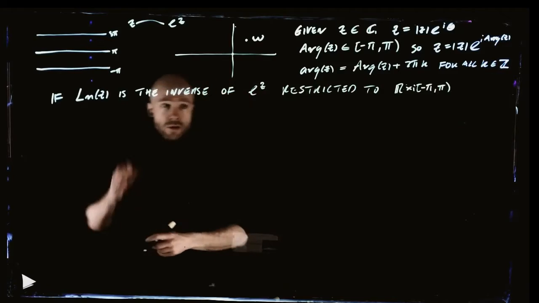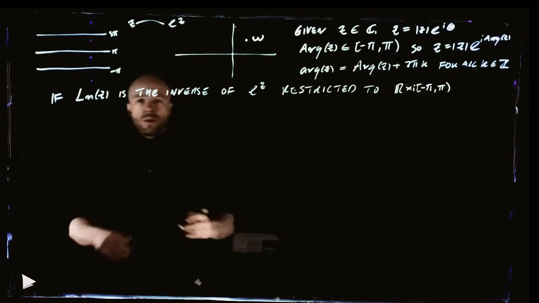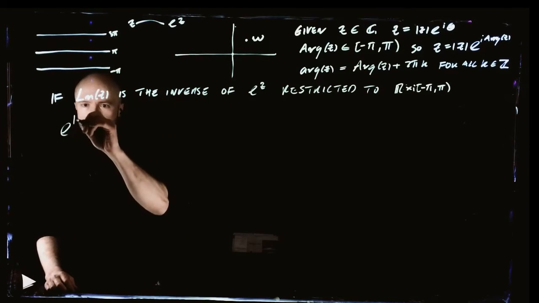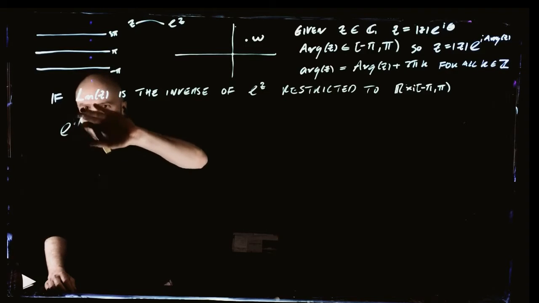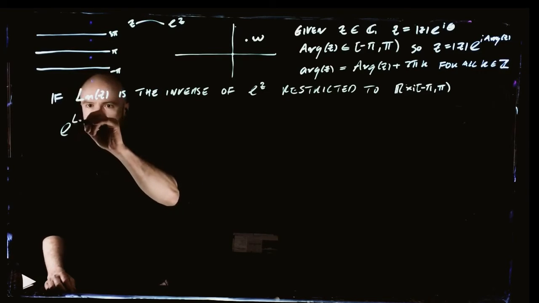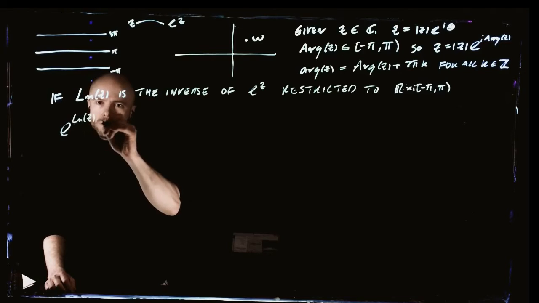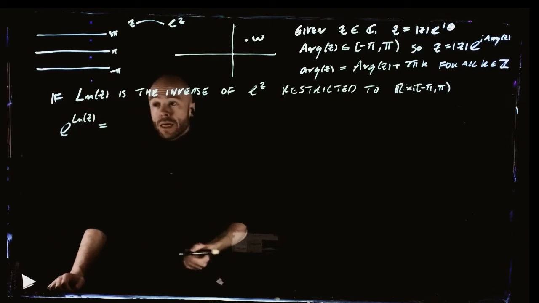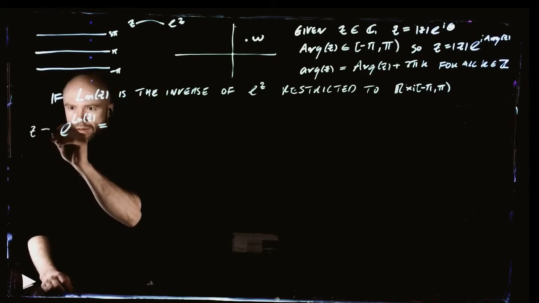Then what properties will it have? Then it has to have this property that e to the log of z has to be itself again, right?